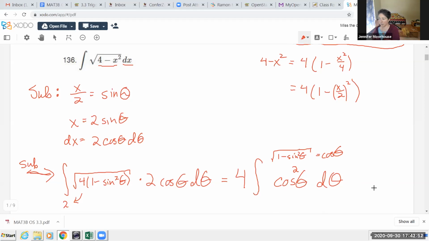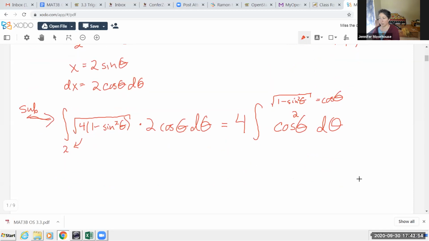Sometimes it'll be a u substitution, maybe you'll have a sine and a cosine. Sometimes it'll be something more complicated, like the cos squared, where you have to use the half angle identity. But whatever, it's just an integral with a trig function, which you know how to handle.